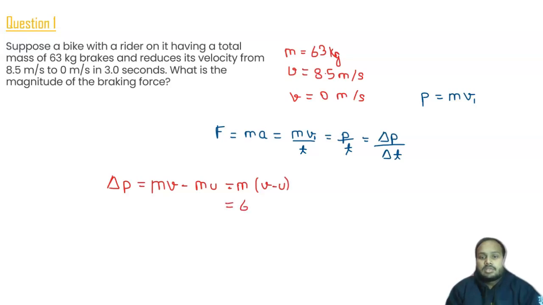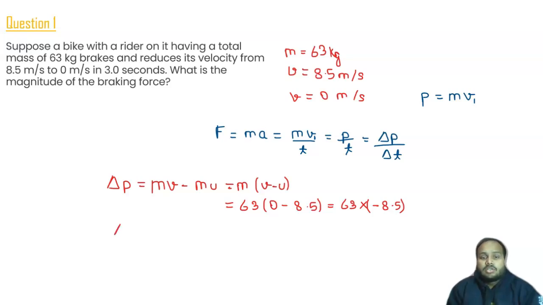This is equal to 63 into (0 minus 8.5). So the change in momentum which we are going to get is 63 into minus 8.5. Fine.